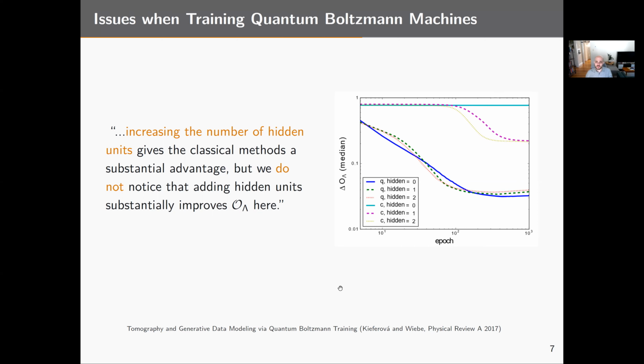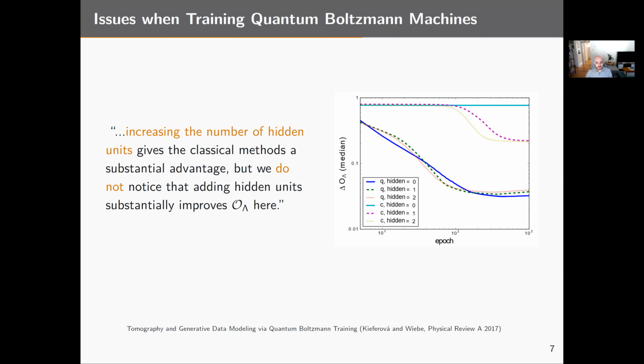They documented this for two models, and we can see here that for the model that represents Q, for an increasing number of hidden units, the metric they were optimizing doesn't really give you more predictive power.